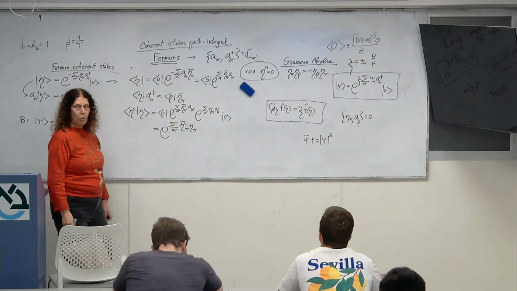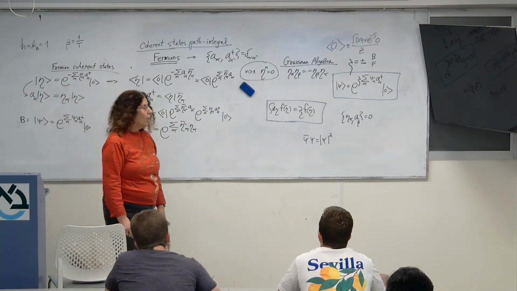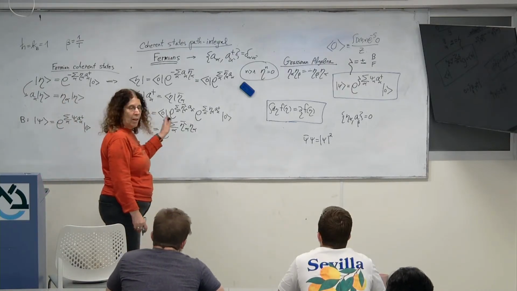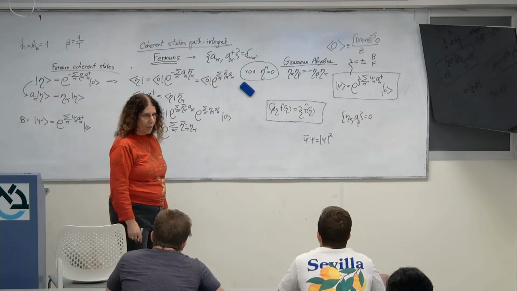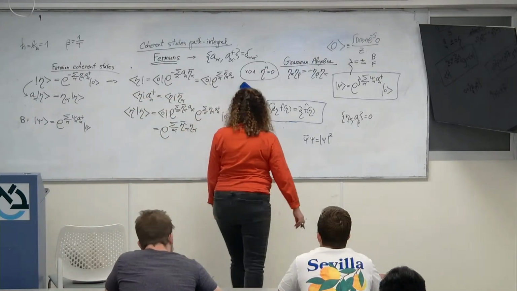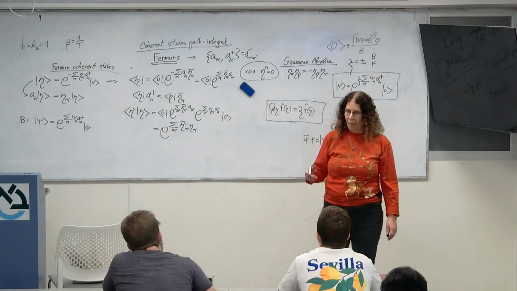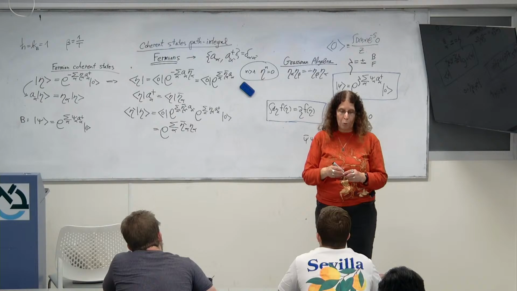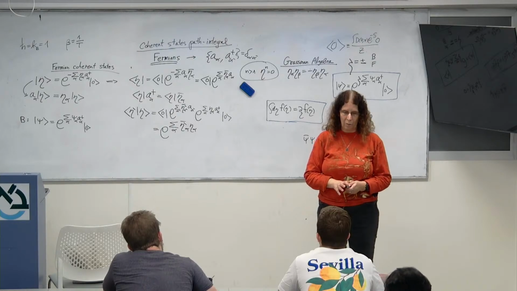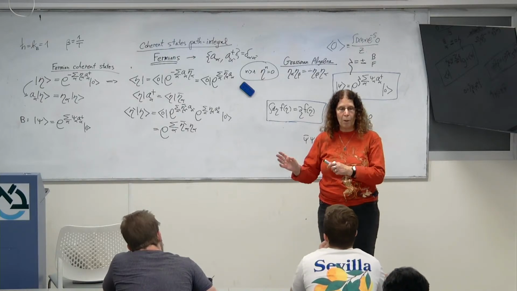And if we go back to the bosons, you see that you get exactly the same expression, except that eta bar is not to be understood as a complex conjugate. It's another Grassmann variable.